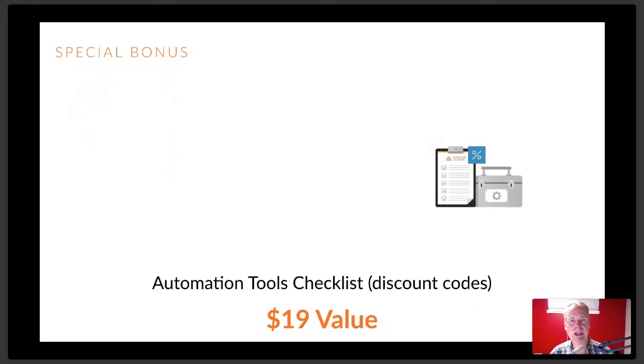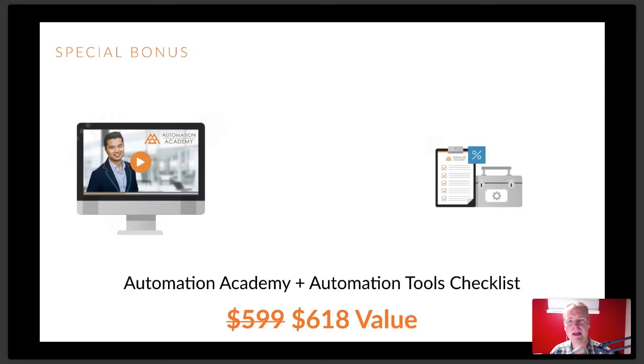However, it's nice to just have a checklist, a cheat sheet that you can get started on right away. So we're creating the Automation Tools Checklist that will help get you started and point you in the right direction right away without having to go through anything else. And that's a $19 value. So those together are a $618 value together.